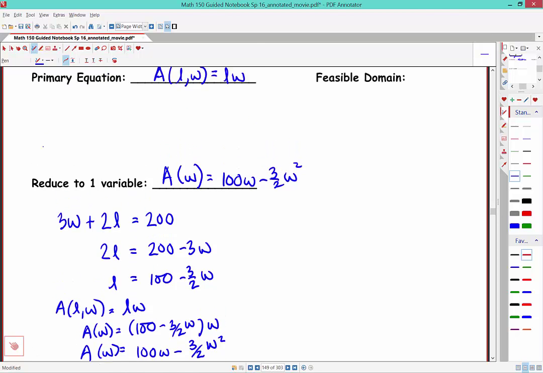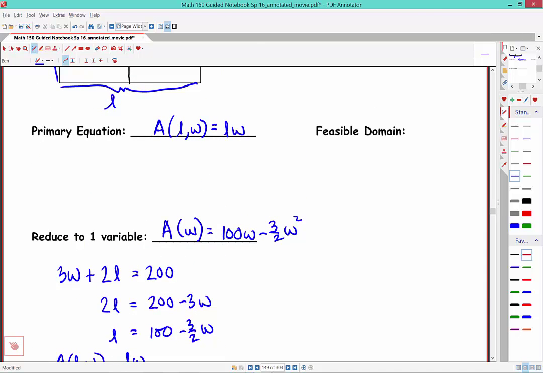So now, coming back to our feasible domain, again, we want both the length and the width greater than 0. Otherwise, we will have no kennel at all.